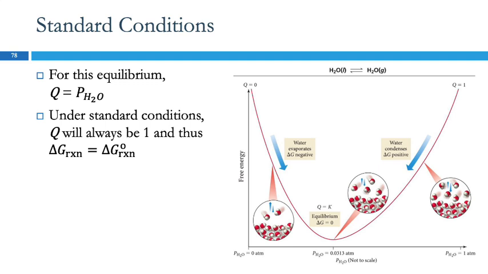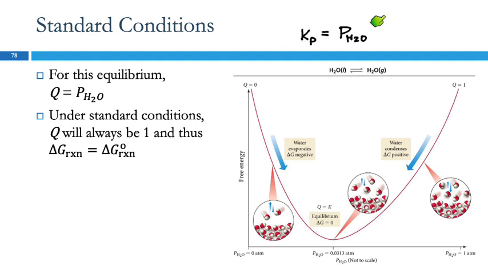So for this equilibrium, this is our chemical equation here. If we calculate Q or K, remember K and Q are calculated exactly the same way. So the equilibrium constant with respect to pressure for this is the pressure of the products over the pressure of the reactants. So we've got the partial pressure of H2O divided by the reactant, but the reactant is a liquid. Remember, liquids and solids don't show up in equilibrium constant expressions because they don't change their concentrations.